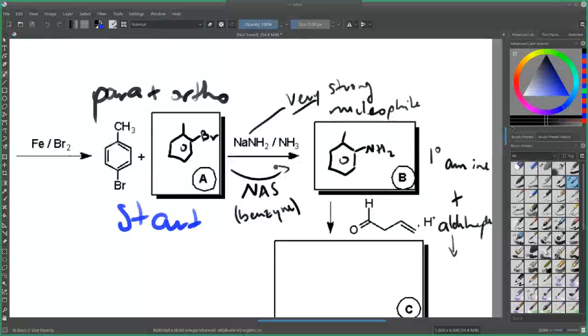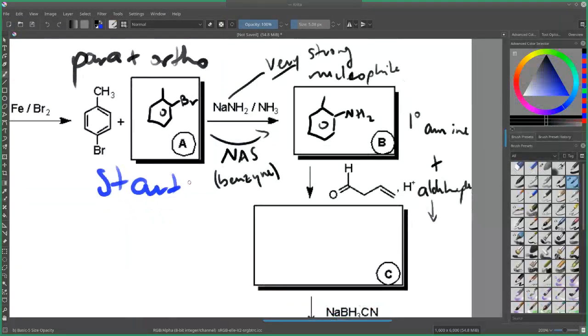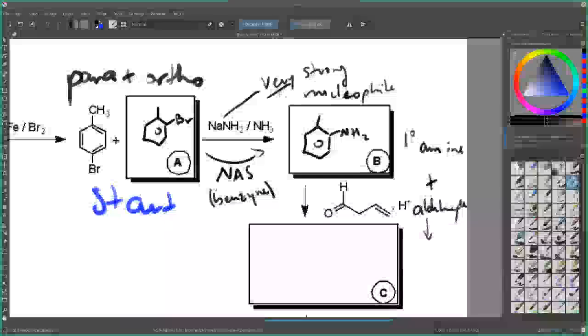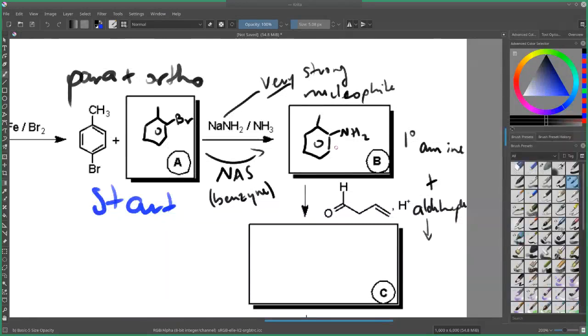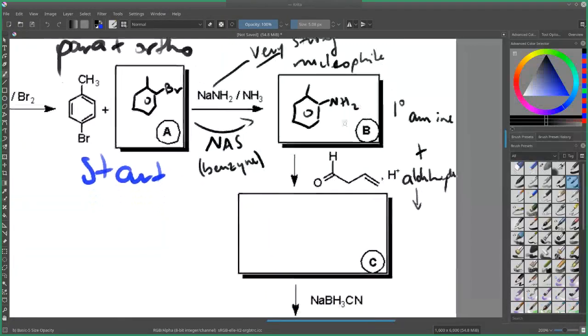You could do the problem also if you went with the para thing, but I think everything after step one, like making product A, would be the same, just located in a different spot. Yeah, that is a good question. The NH2 also will replace where the bromine was, not in this other position. Yeah, I think it would preferably replace where that bromine originally was, so that's why we put it here.